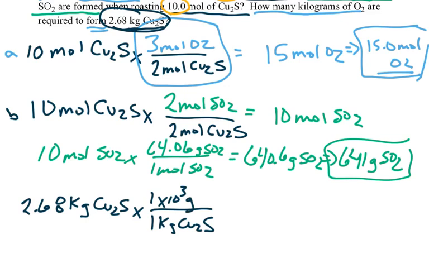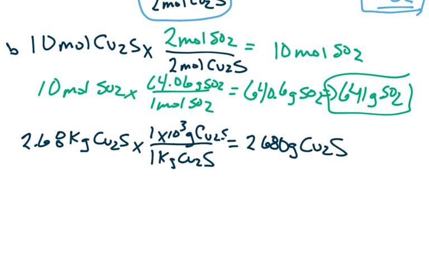Remember which one's smaller, and then it's one step away. Remember our metric system. Okay. That equals 2680 grams of Cu2S. Now we have 2680 grams of Cu2S.